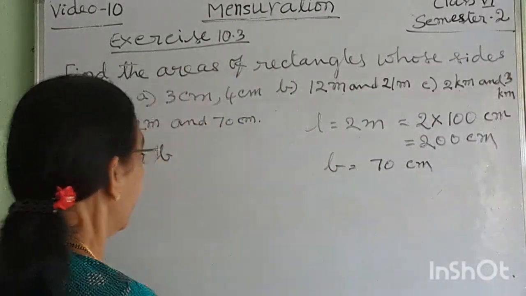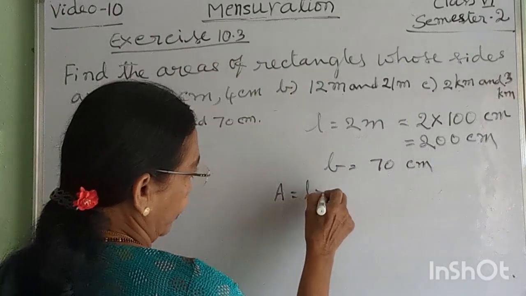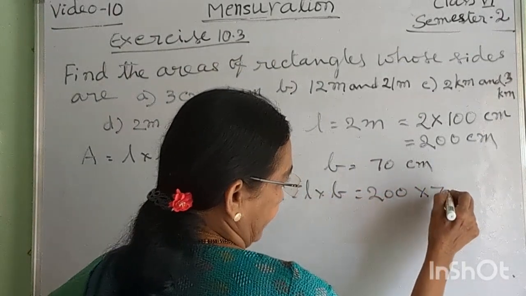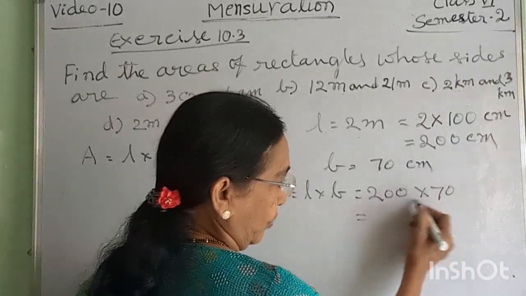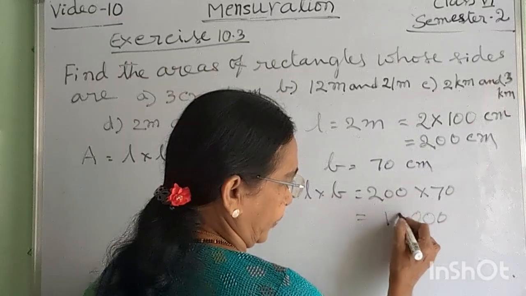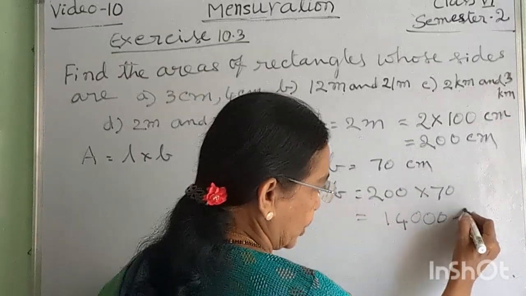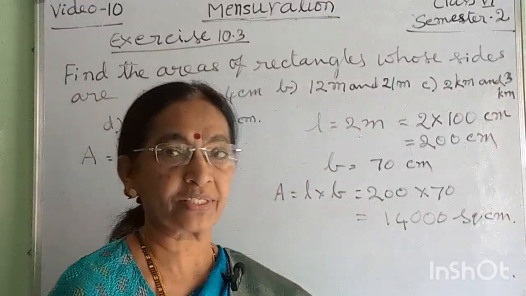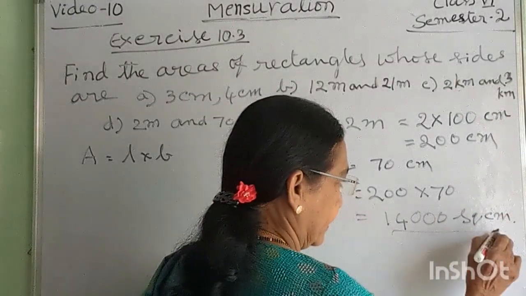So we can multiply. Area is equal to length into breadth, that is equal to 200 into 70. So put 3 zeros: 2 times 7 is 14, so 14,000 square centimeters. That's all.